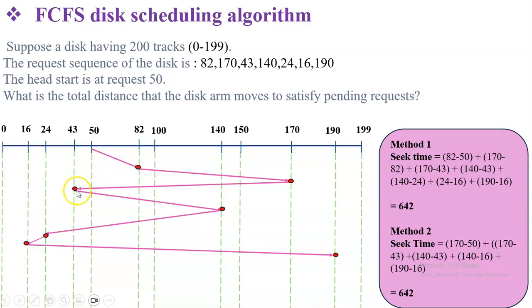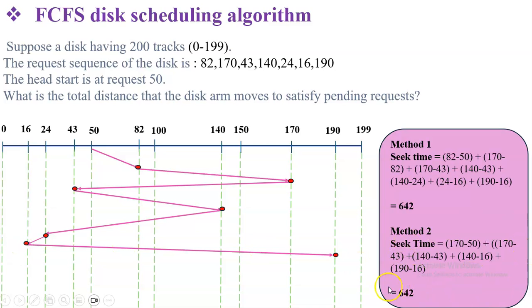Then the starting position of this movement is 43 and the ending is 140, so again add 140 minus 43. Then for this particular movement, 140 is the starting point and the ending point is 16, so 140 minus 16. Then for this particular movement it is 16 to 190, so we simply do 190 minus 16.